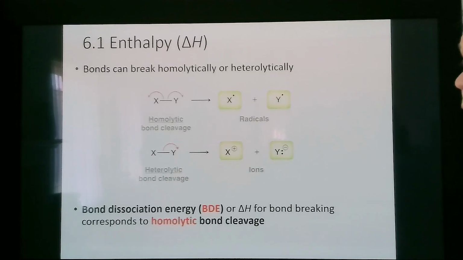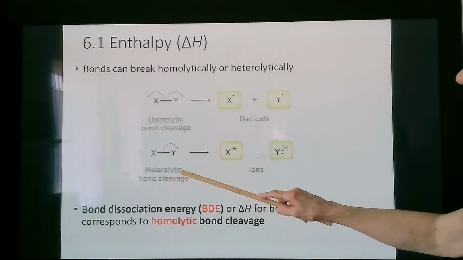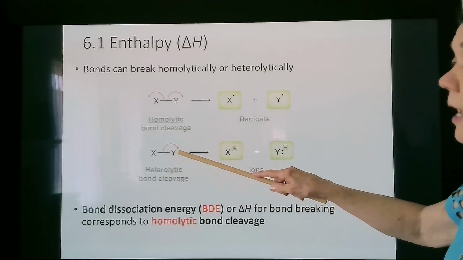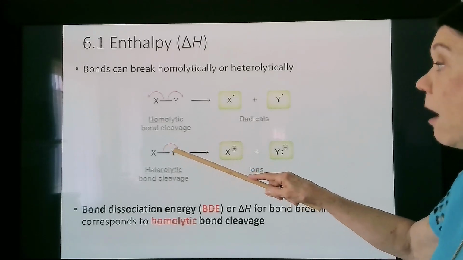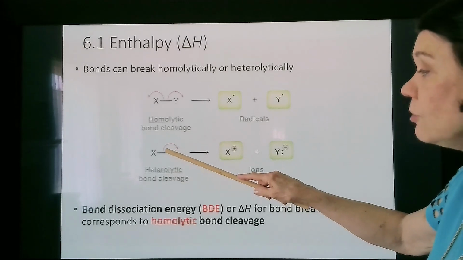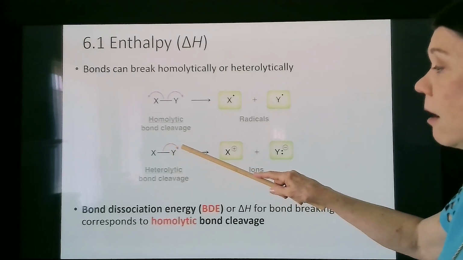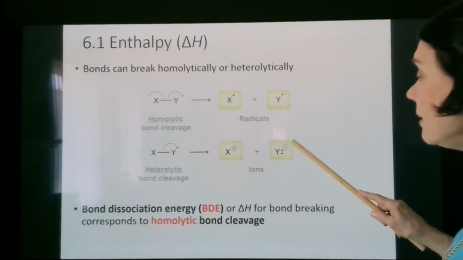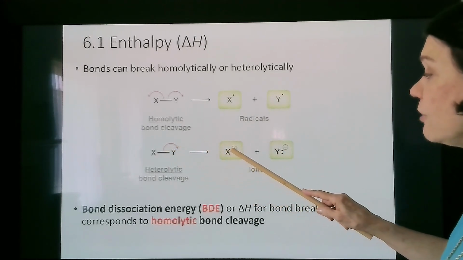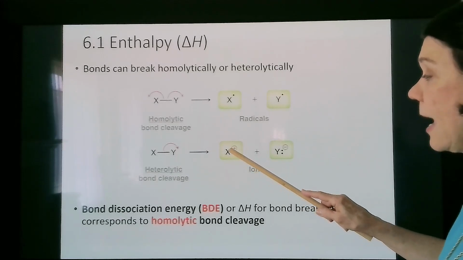Now, in the past, we have been talking about heterolytic bond cleavages, those reactions, and in the future, we will discuss mostly heterolytic bond cleavage. And in that sort of reaction, both electrons that are involved in the bond go with one atom or the other. And so here you can see both electrons in the bond going with Y to create an anion, and X is left electron deficient, so it becomes a cation.